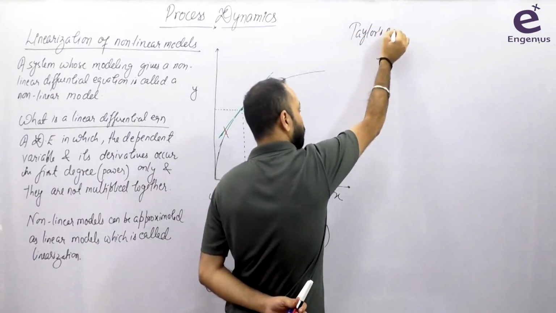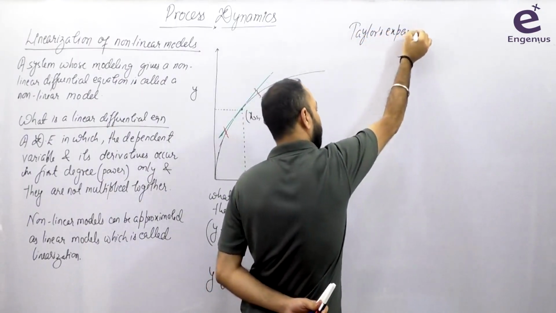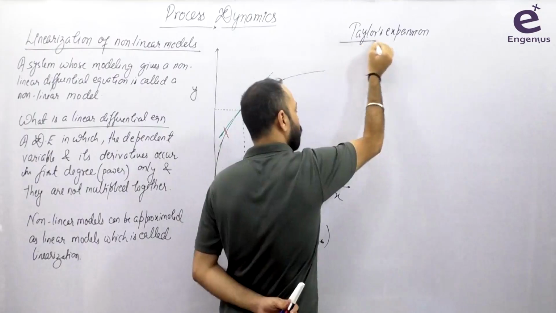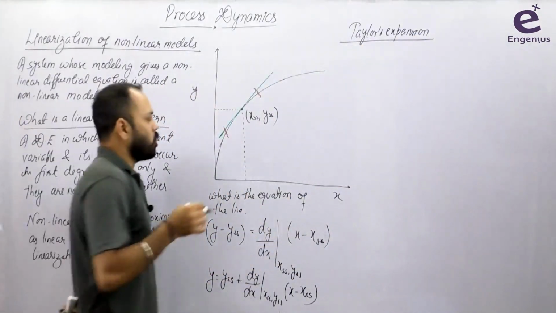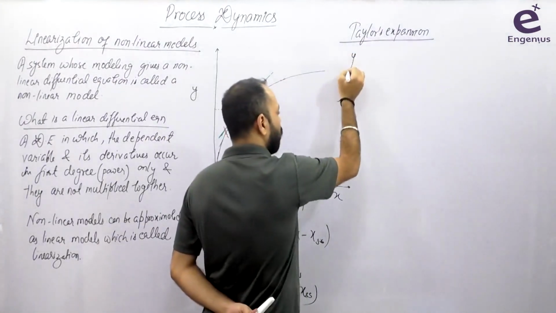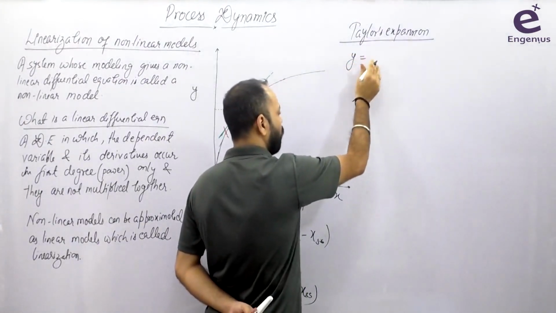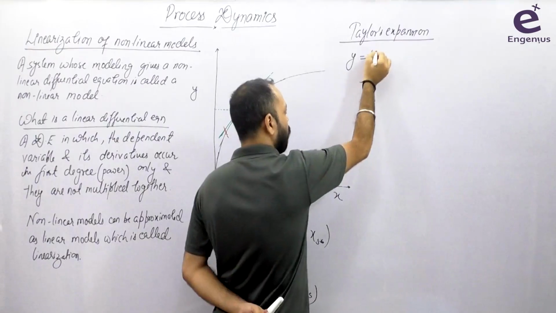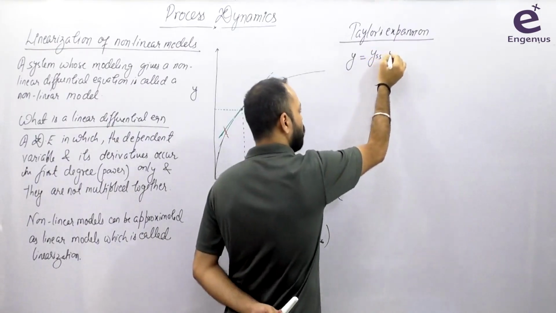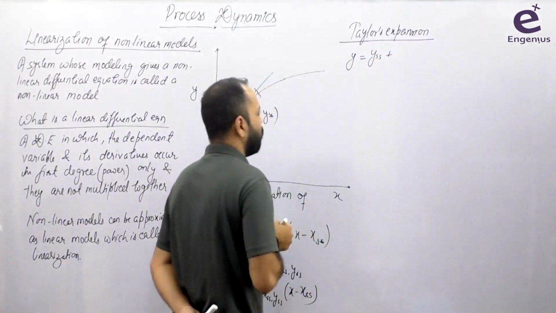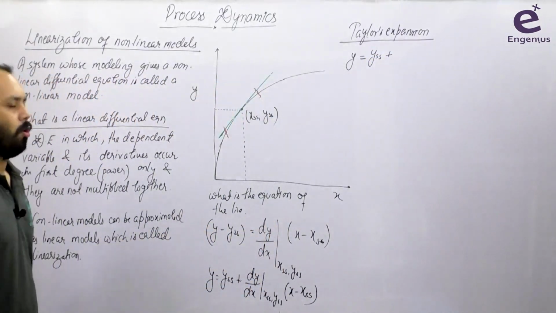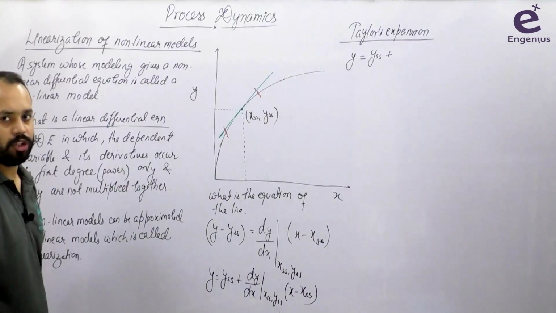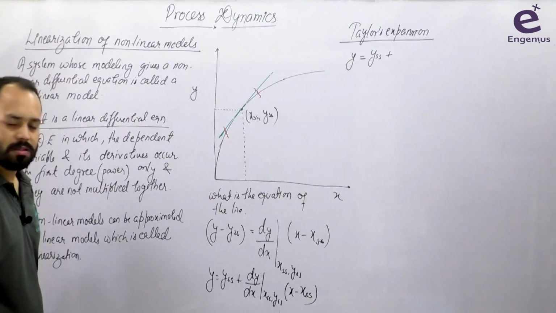Taylor's expansion. क्या है Taylor's expansion? A function y of x can be expanded about some point xss comma yss as yss plus... y is equal to yss. y is a function of x, some function of x. So what is the meaning of yss?